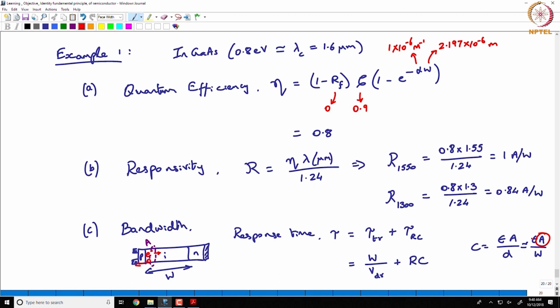So, for low speed photodiodes, you don't worry about the capacitance. It can be whatever, and so you try to keep the active area larger. But when you want to go to high speed photodiodes, it is imperative that you keep your active diameter small. If you keep the active diameter small, what does that mean from the responsivity perspective?